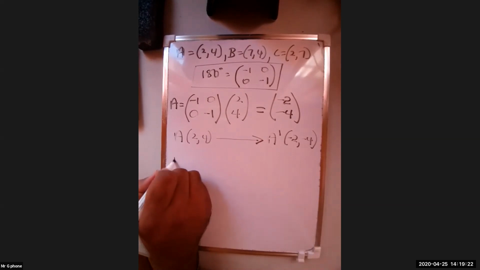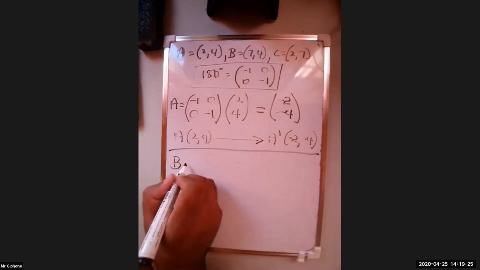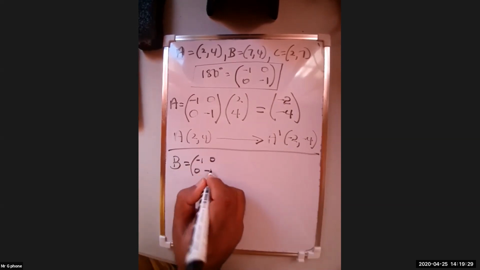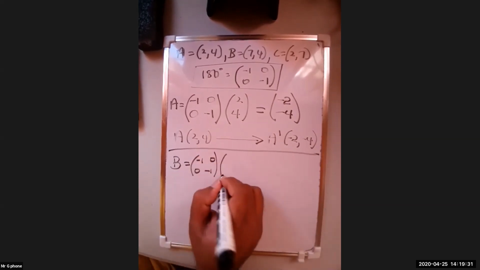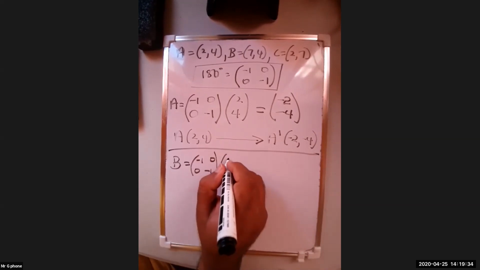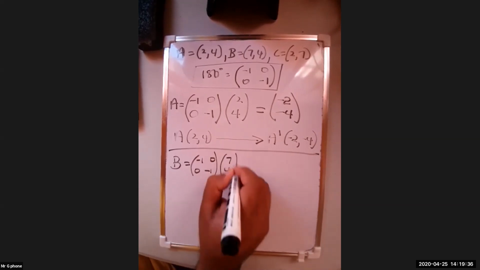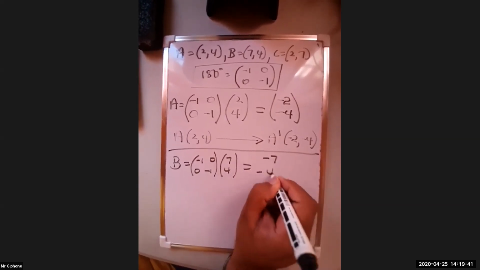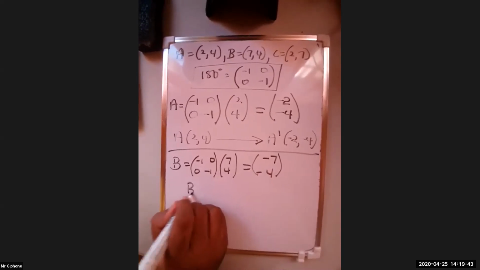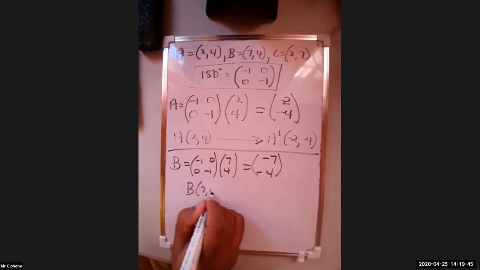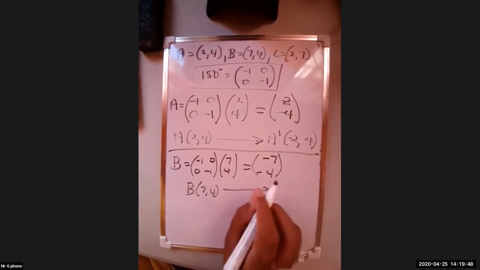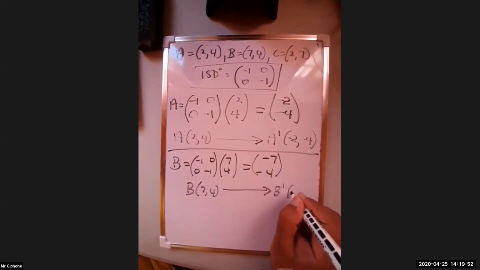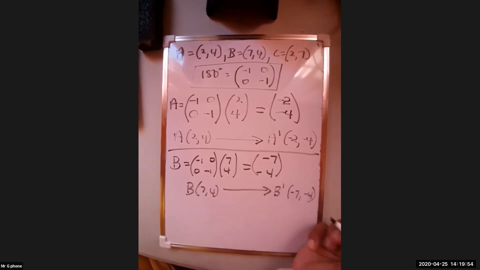Let's look at B. Negative 1, 0, 0, negative 1, multiplied by what B actually is, which is 7 and 4. So this will change to negative 7, negative 4. So again, B, which is 7, 4, underwent a transformation and is now mapped onto B1, which is negative 7, negative 4.